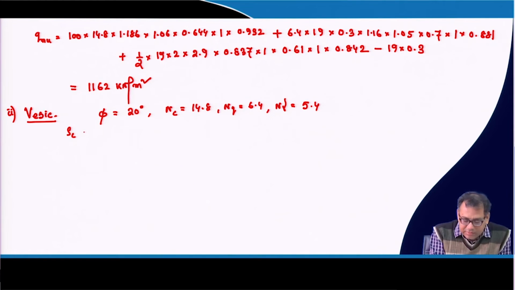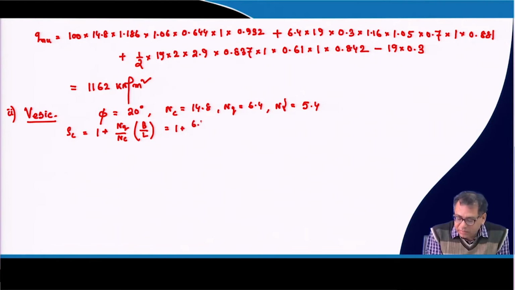So, Sc is equal to 1 plus Nq by Nc into B by L, and that is 1 plus 6.4 divided by 14.8 into 2 by 3. So, this will be 1.288. Okay.